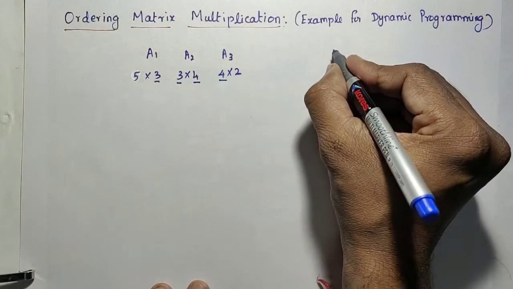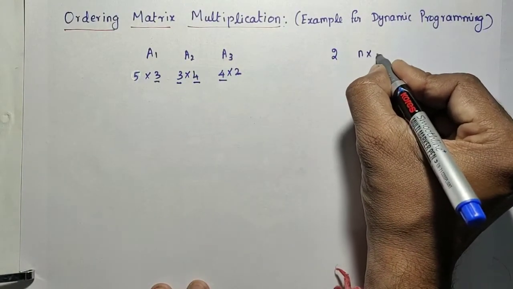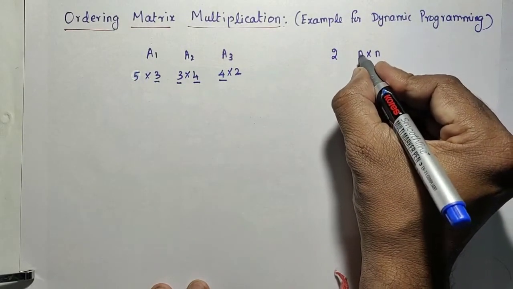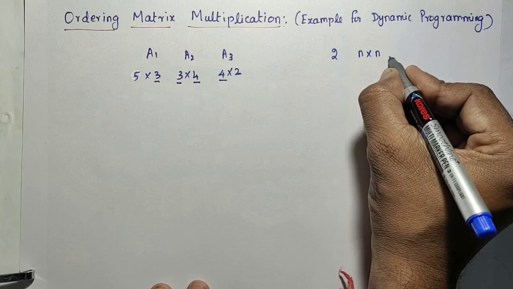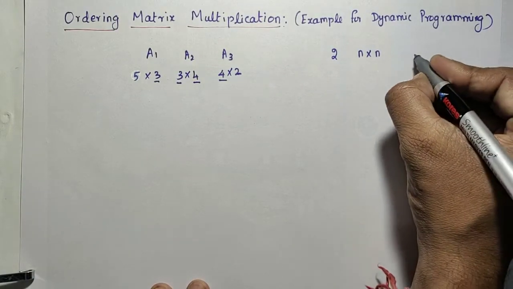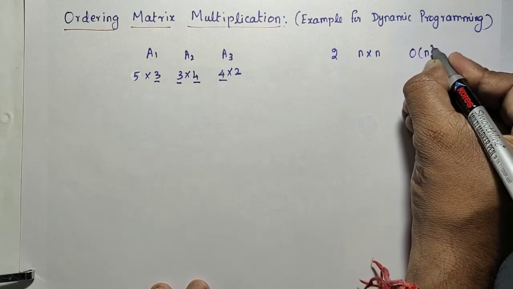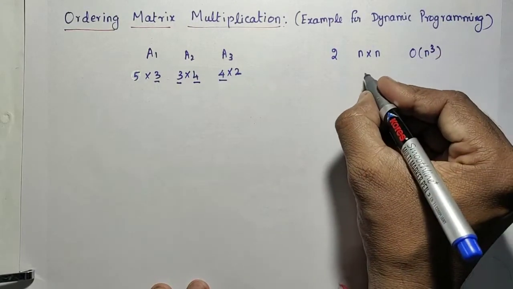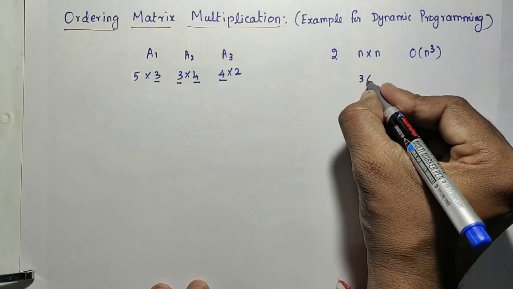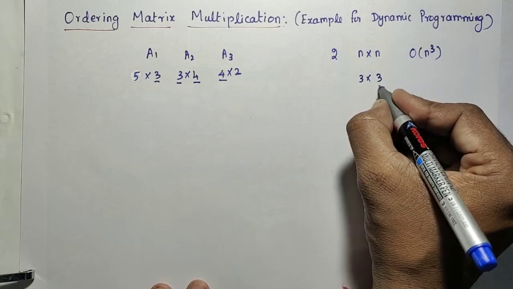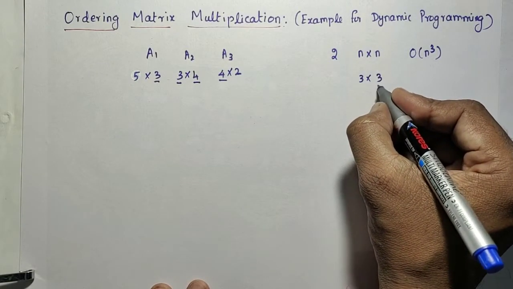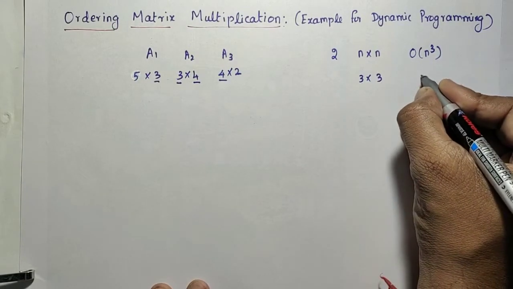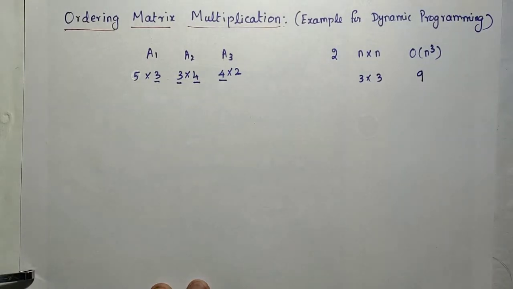For multiplying two n by n matrices, the complexity will be O of n cube, n into n into n. For example, if I want to multiply two 3 by 3 matrices, the number of multiplications needed is 27. Like that we can assume it.